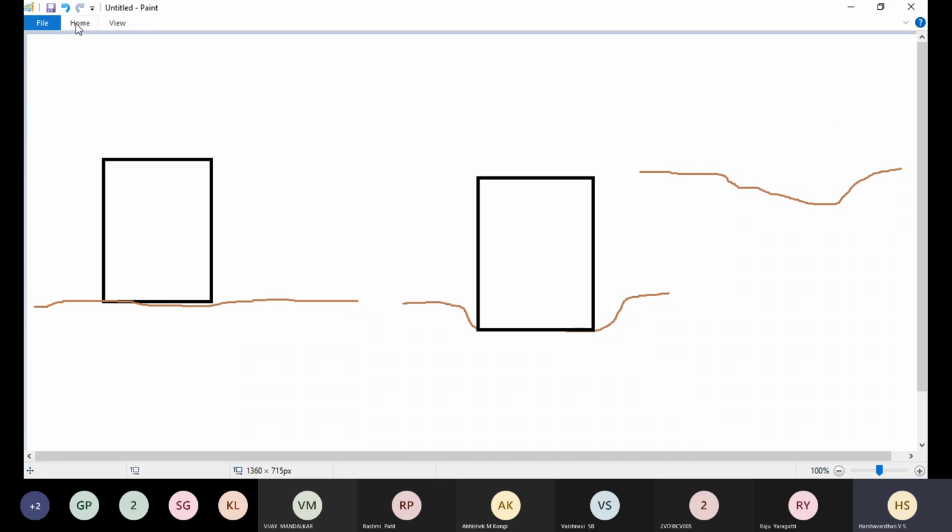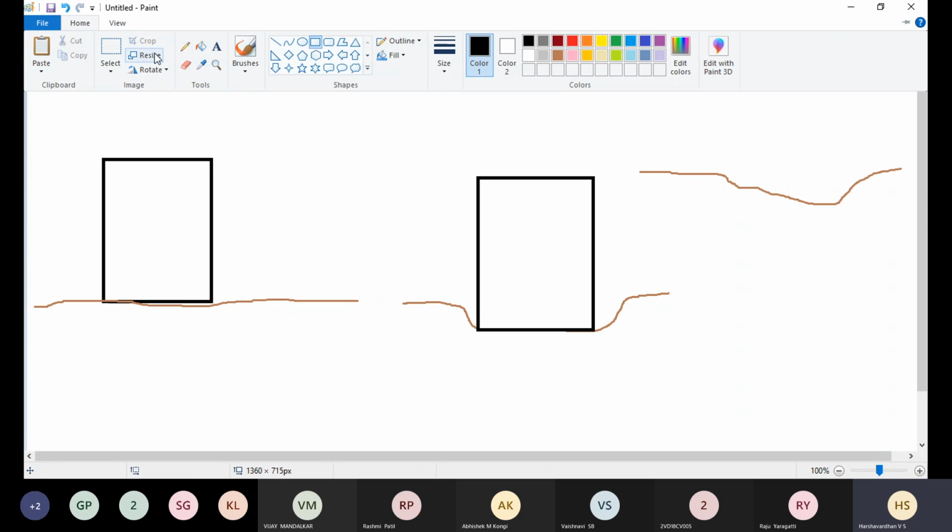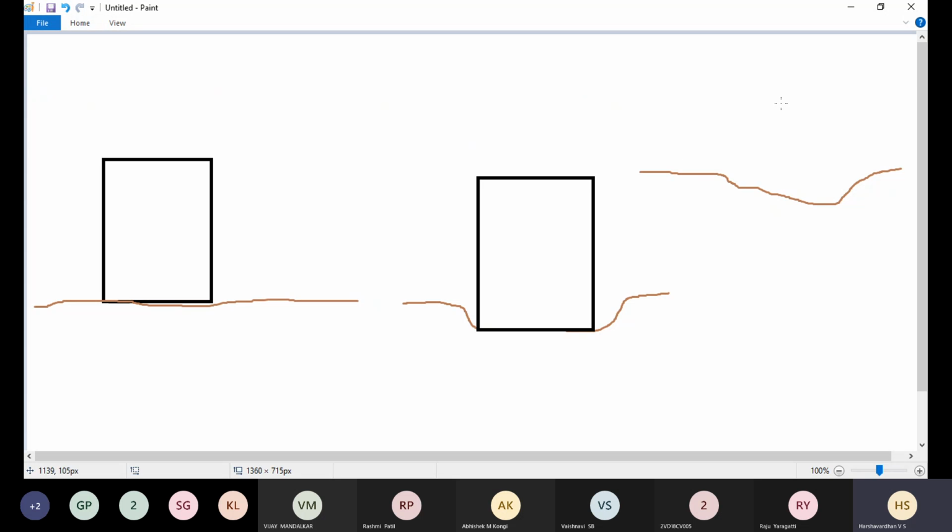If there is a non-uniform settlement, then your building is going to tilt like this. Okay, this tilting may result in the failure of the building.